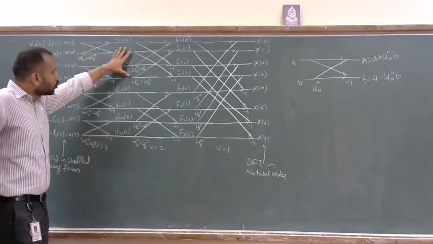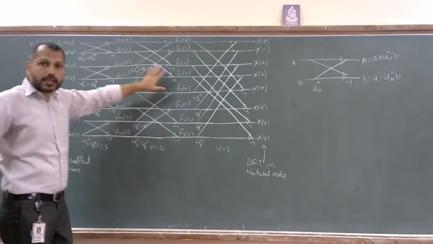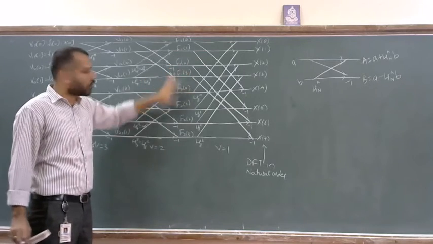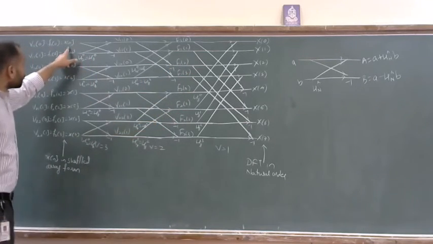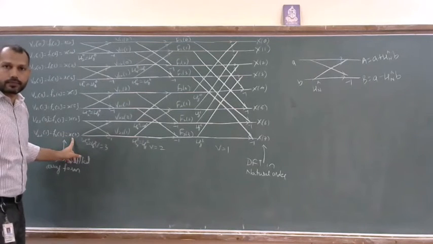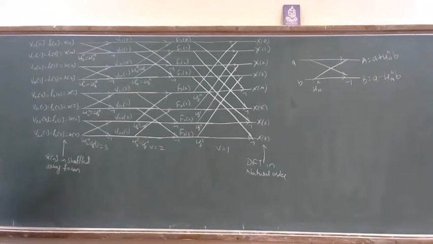Once these 2-point DFTs are computed, these will be used as an input to the next stage to compute F1 of k and F2 of k. X of 0 through X of 7 are not required any longer. Are you all able to see this?